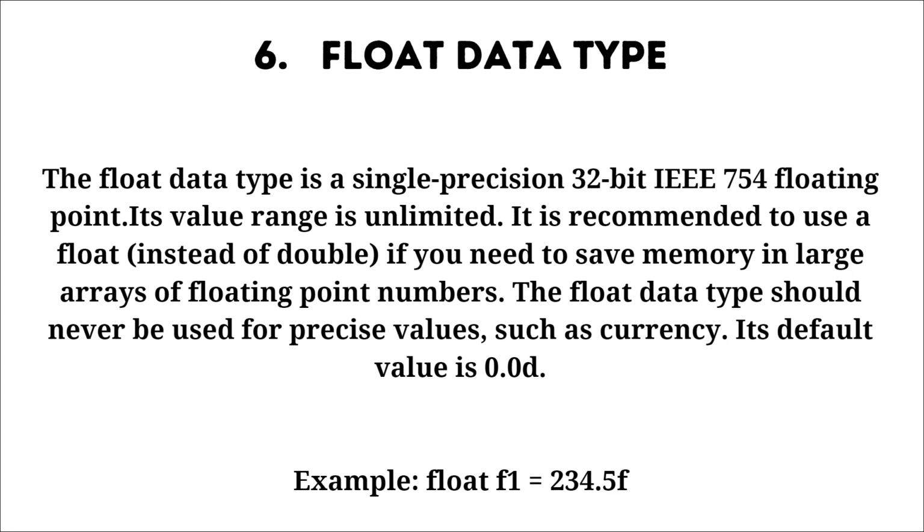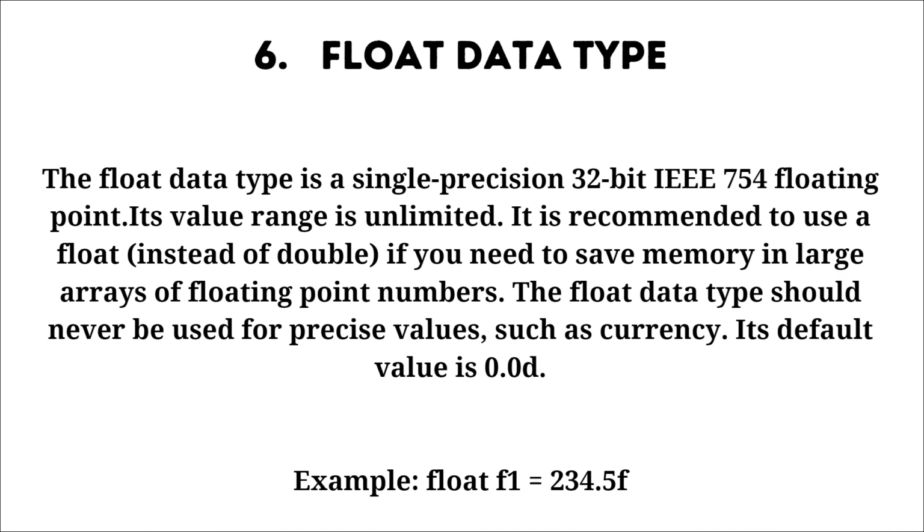After long, there is float. The float data type is a single-precision 32-bit IEEE 754 floating point. Its value range is unlimited. You can use it as much as you can. That is why there is float.